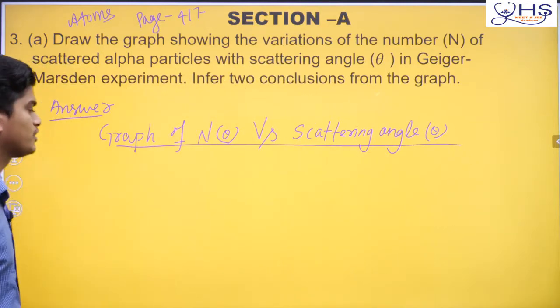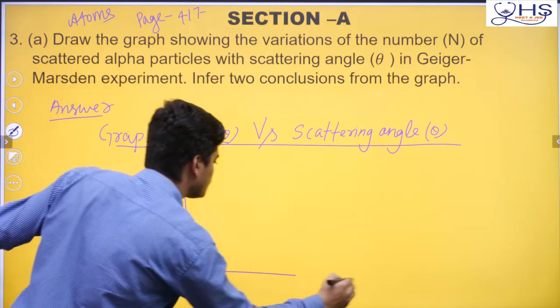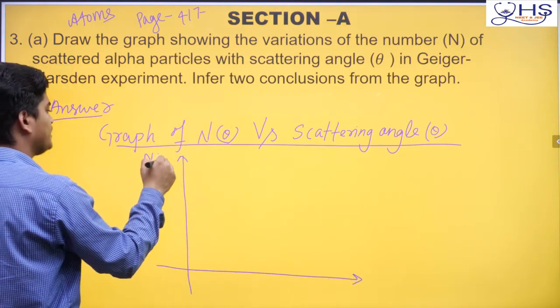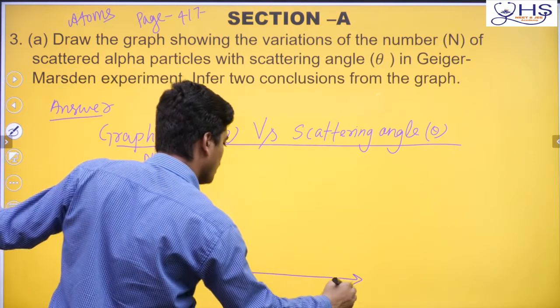How will the graph be? It is inversely proportional. Take N theta on one axis and theta on the other, and draw a graph like this.